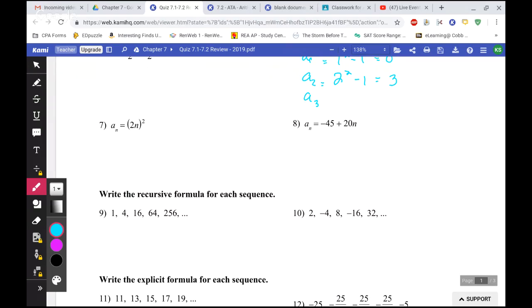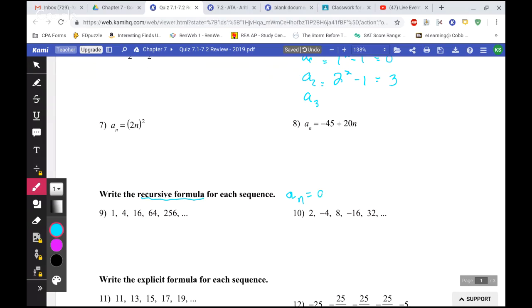Yes, ma'am. Thank you. Okay, when it's recursive, the key thing to remember, and I'm trying to think of a good way to remember this, is that recursive is when the term a sub n has something to do with either the previous term or even sometimes the previous 2 terms.